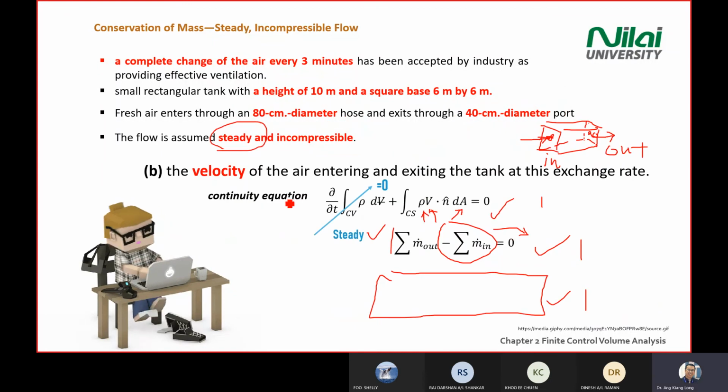All right, this one, continuity equation. How do you use it when you have a direct case? They give you only a few keywords and you manage to find the answer. So today I introduced to you the words steady and incompressible, what effect they have on your equation and how they help you to score marks in your answer. Okay, any questions so far for your first tutorial question for today?